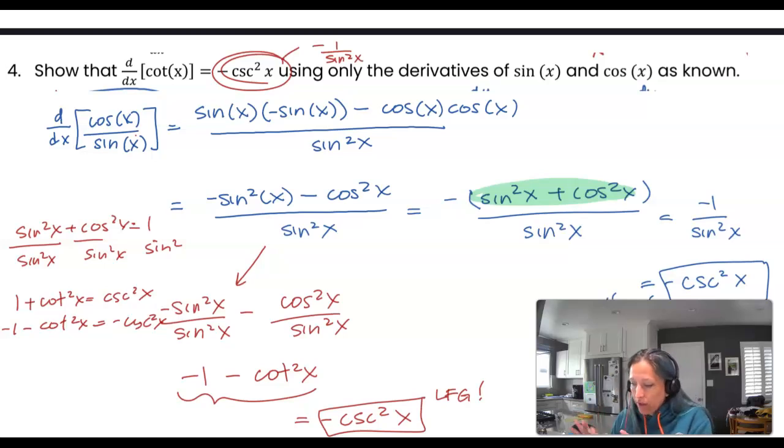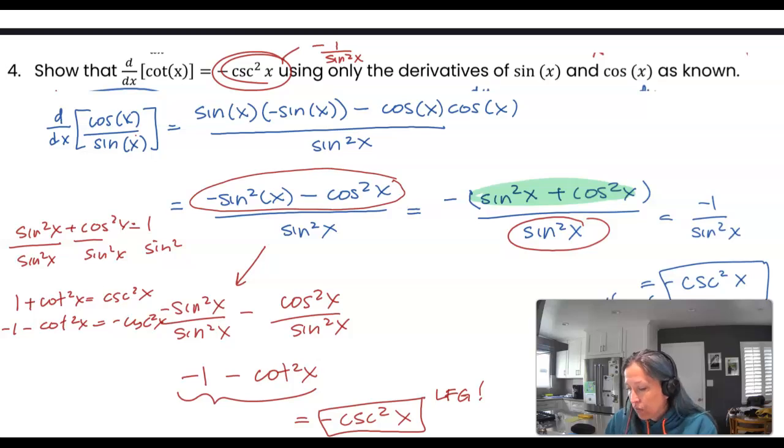Your goal is maybe not straight to cosecant, but to 1 over sine squared. And so you're already seeing, okay, there's a sine squared. You're feeling good about where you're headed on this path. But if you see that goal of getting to a sine squared, that hopefully makes you realize, can I rewrite this as a negative 1? Is it possible for that to equal negative 1? So you're in that path and that mindset of where you're headed, as opposed to just blindly moving forward.